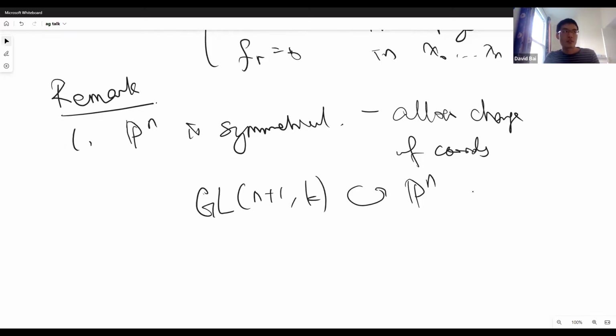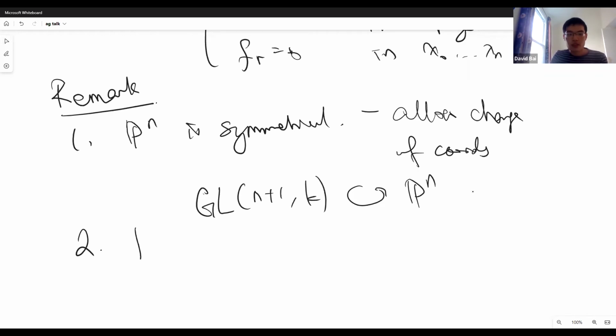It brings any planes to any planes. With a little bit of analysis, you can also show that it brings 3 disjoint lines to any 3 disjoint lines, but we'll not care much about that. The point is, if I have a line, I can feel free to put it wherever I want, and usually I put it as vanishing of some coordinates because they are the easiest to deal with.